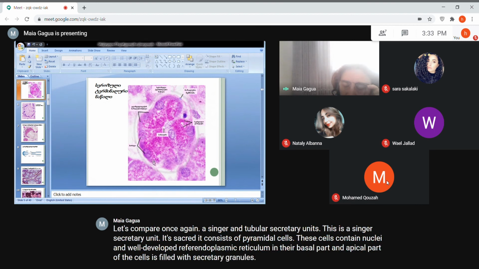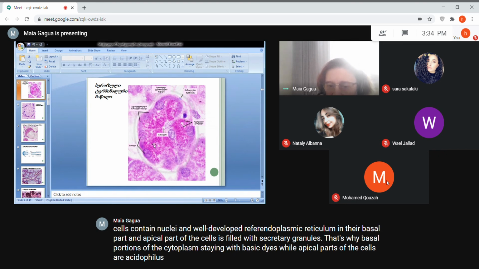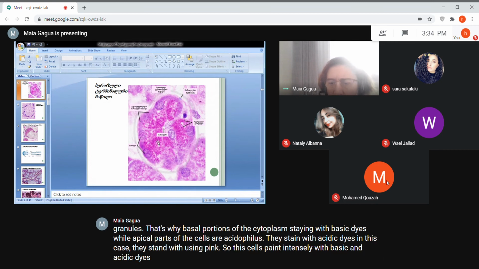That's why basal portions of the cytoplasm stain with basic dyes, while apical parts of the cells are acidophilic. They stain with acidic dyes. In this case, they stain pink. So these cells stain intensely with basic and acidic dyes, and these cells produce proteins, for example, enzymes.